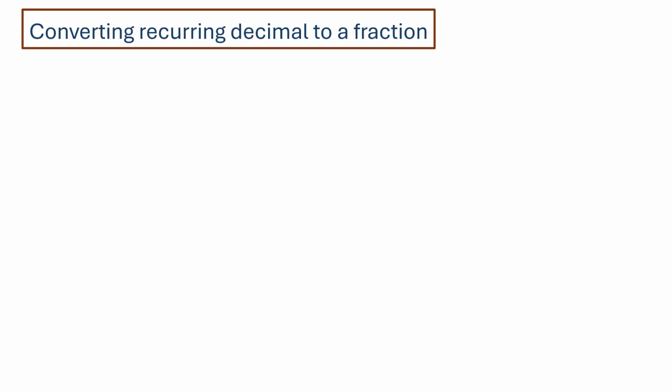Right, the last slide of the video is for those who are interested to know how to convert a recurring decimal to a fraction. Supposing we have a recurring decimal 0.11111111, how are we going to convert that to a fraction? So we're going to let x equal 0.111111. We're going to multiply it by 10. So x times 10 will give us 10x.